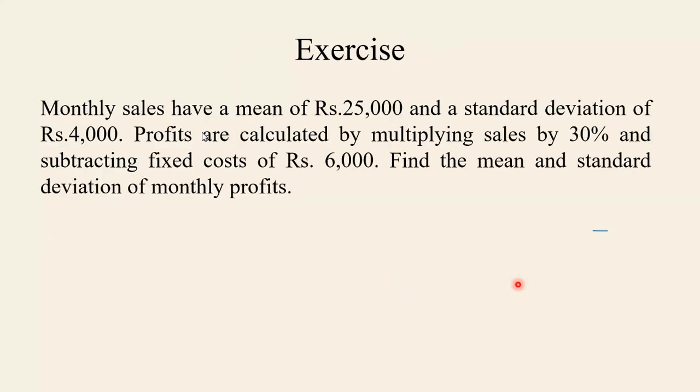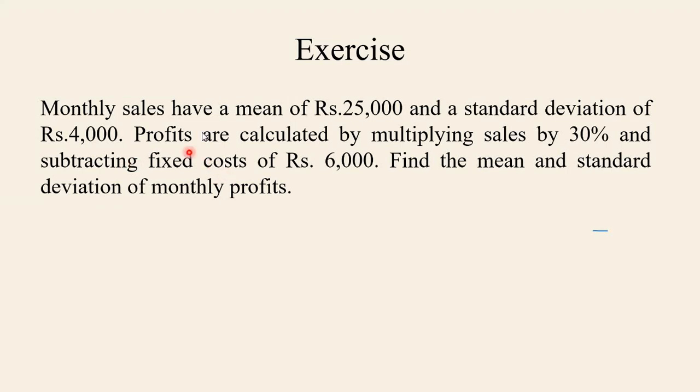So here is one application of the laws we have seen. Here we have monthly sales with a mean value of 25,000 and a standard deviation of rupees 4,000. So our random variable is monthly sales X. Then the expected value of X is 25,000 and sigma X is 4,000.